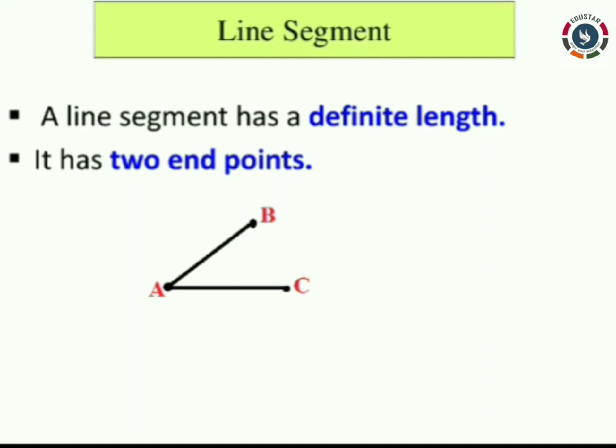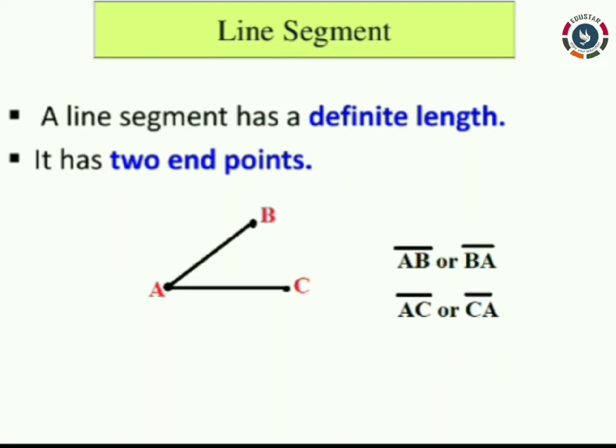Now, let's see how you will denote a line segment. Here you are having 2 line segments, right? A, B is one line segment. So, now I am going to write AB. If you write AB, A is your starting point and B is your ending point. Or you can write BA. If you start with B, B is your starting point and A is your ending point.